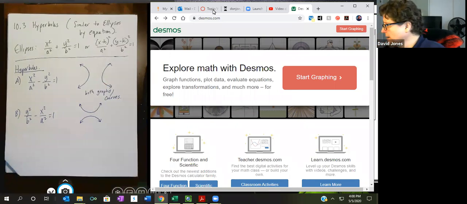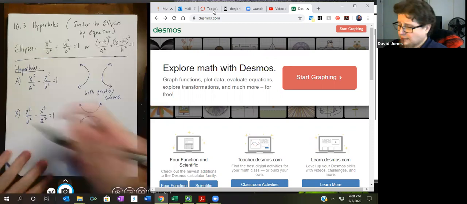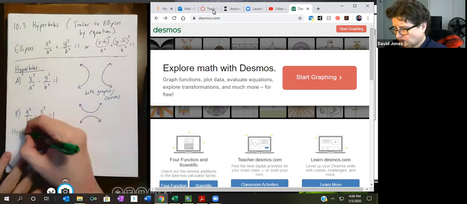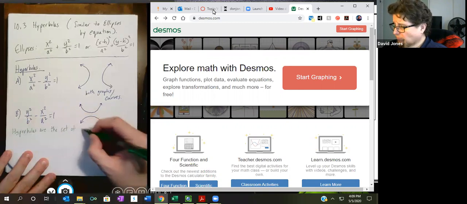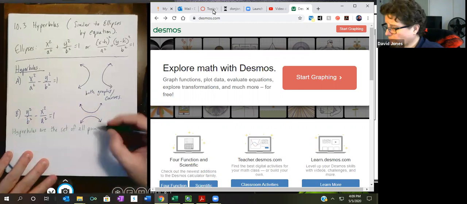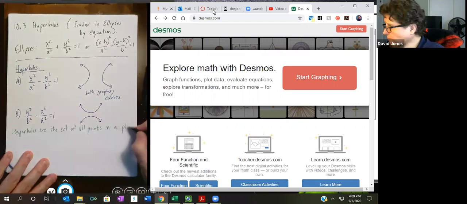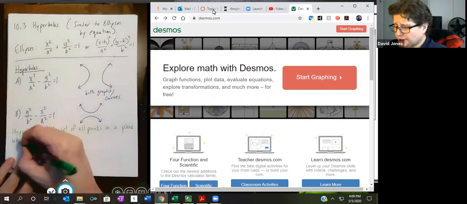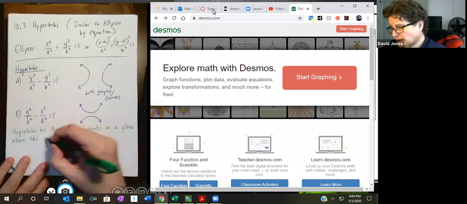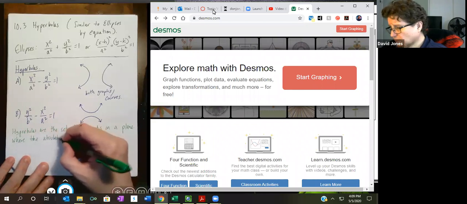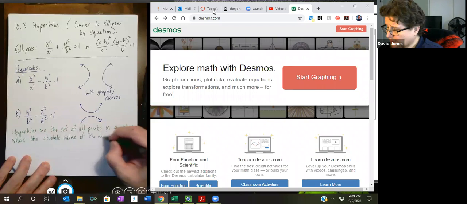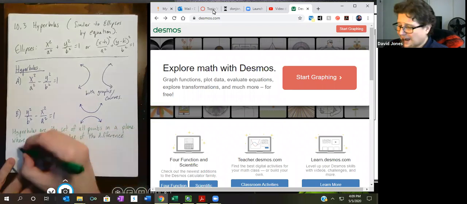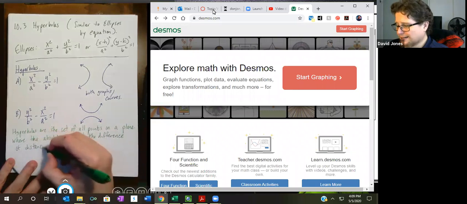And what's so special about one of these? Well, hyperbolas are the set of all points in a plane where the absolute value of the difference of the distances between 2 points is constant.